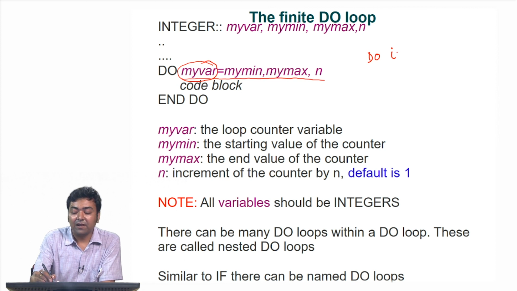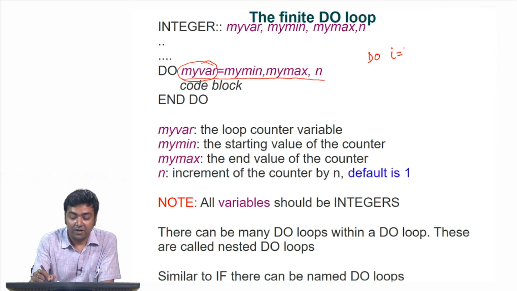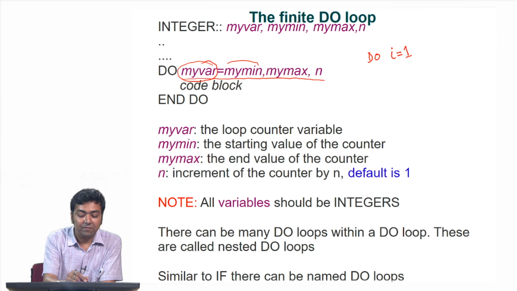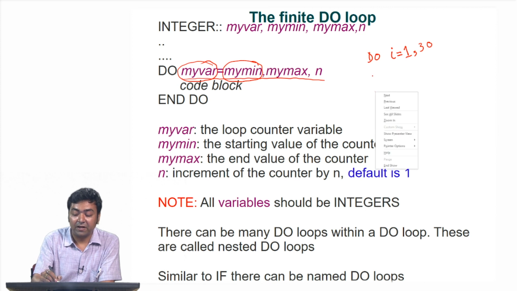Then I tell the code from which value the counter should start and till what value it should go. I can say, for example, the counter should start from I, which is the minimum value here, and say it should go to 30, and then I have my set of instructions here, and then I put the end do.